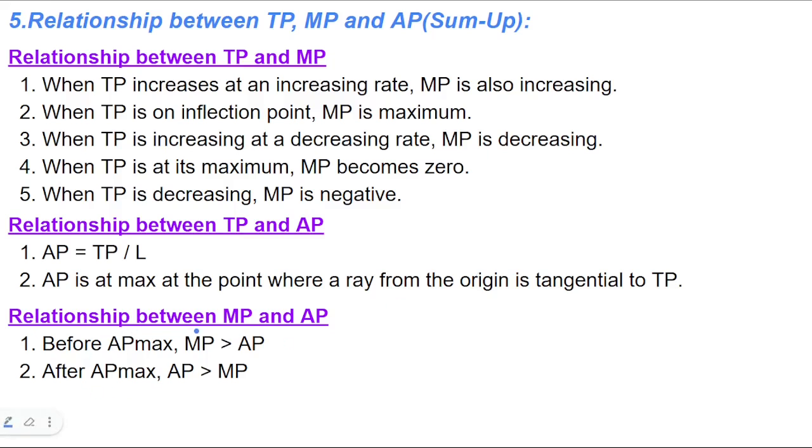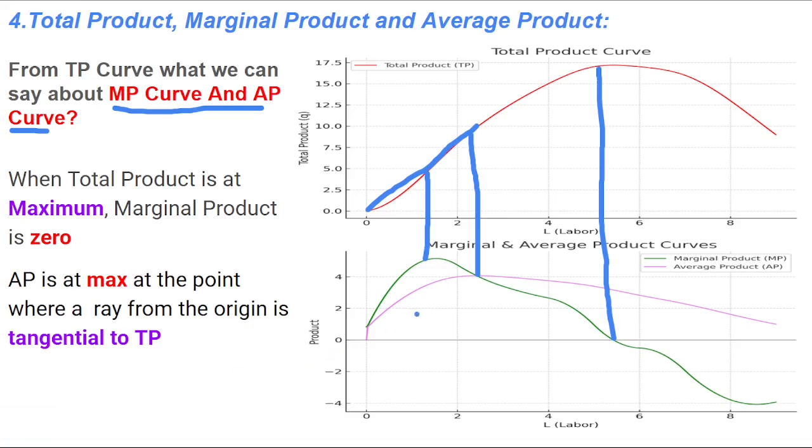Now the relationship between marginal product and average product: before AP max, our MP is greater than AP, and after AP max, our AP is greater than MP. We can see that before AP max, MP is greater than AP, and after that point, where AP is maximum, AP is greater than MP.